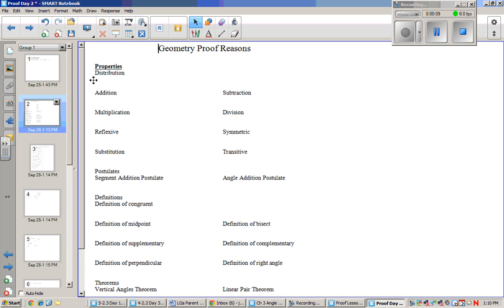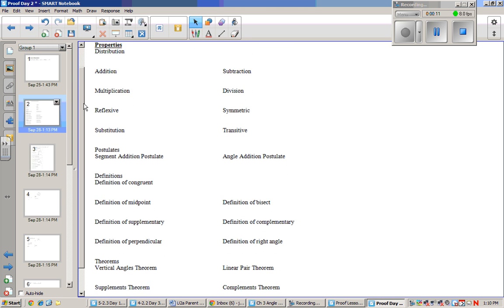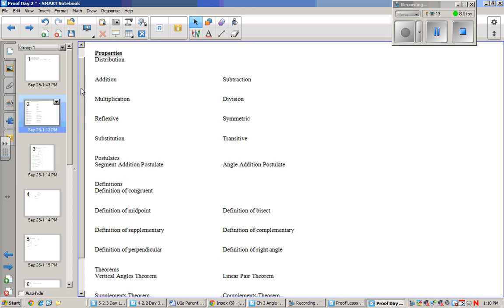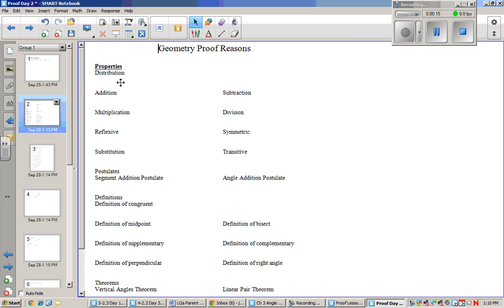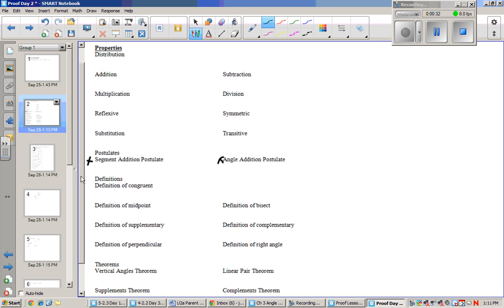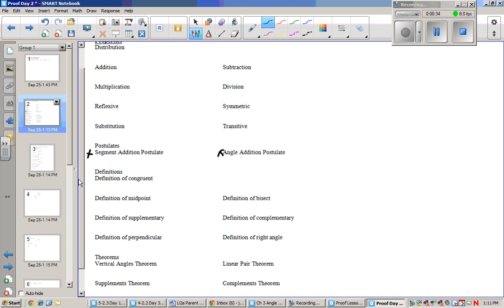Now, in this one, I want you to remember all of these different reasons. I'm not going to go through them all right now, but the top few we use a lot in algebra, and we use a little bit with geometric proofs. But segment addition and angle addition, those are really good when we need some values.